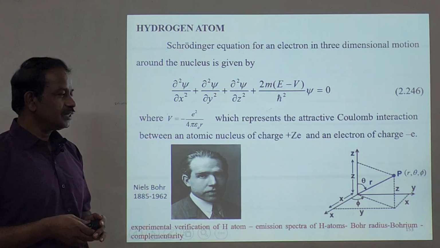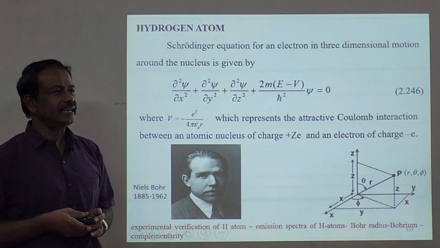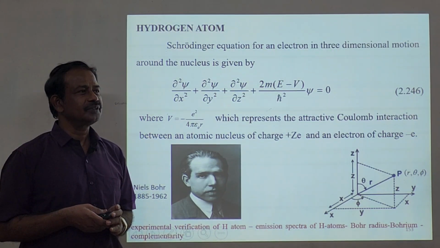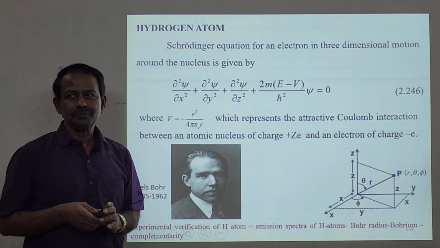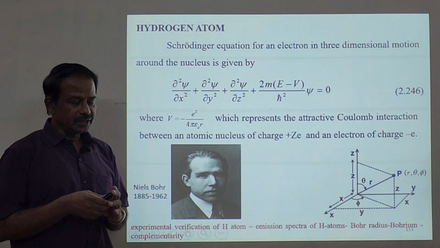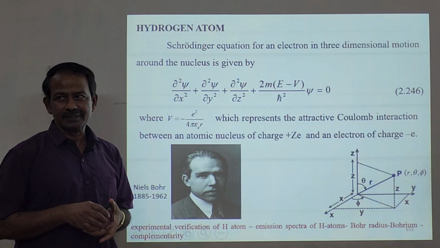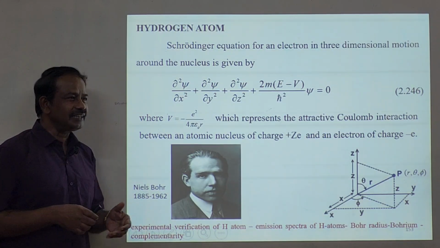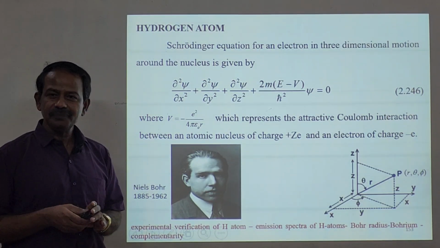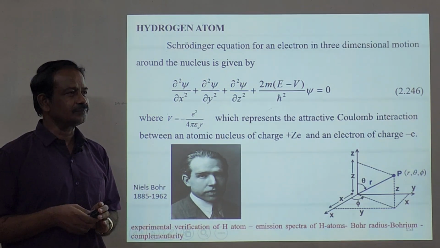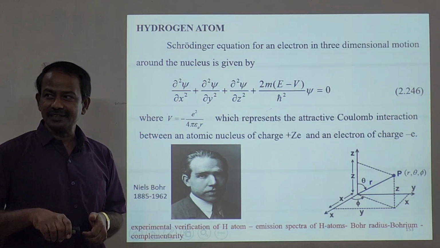Niels Bohr was a Danish scientist. His full name is Niels Henry David Bohr. He was born in Copenhagen in Denmark in the year 1885. He was the second child in the family. He had one elder sister and a younger brother.